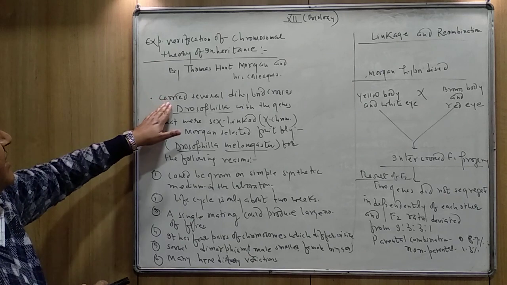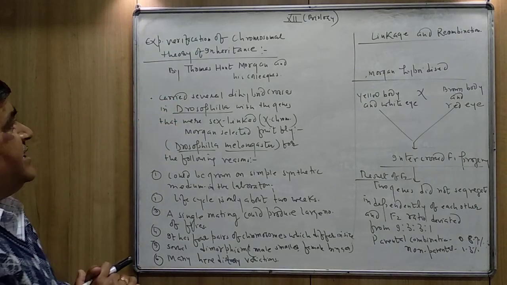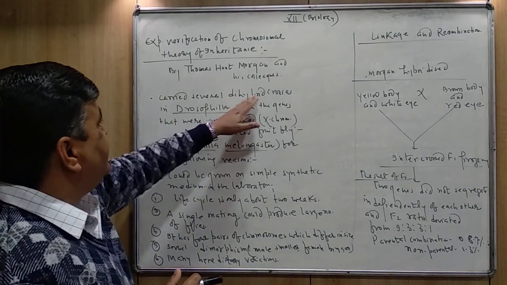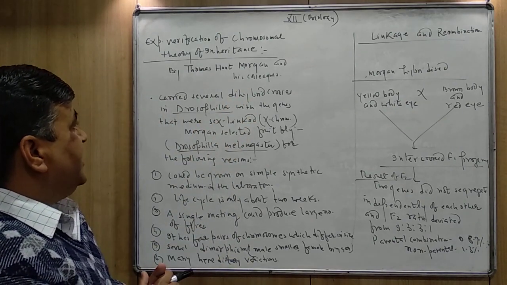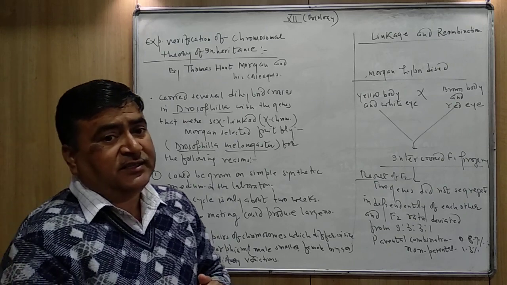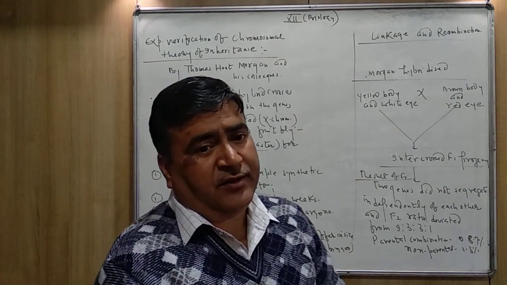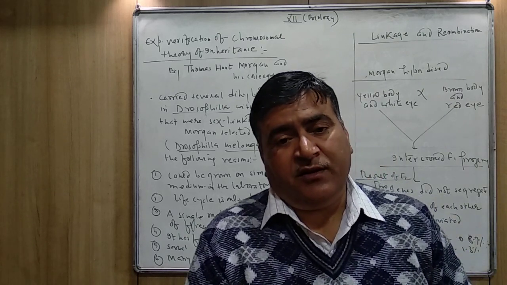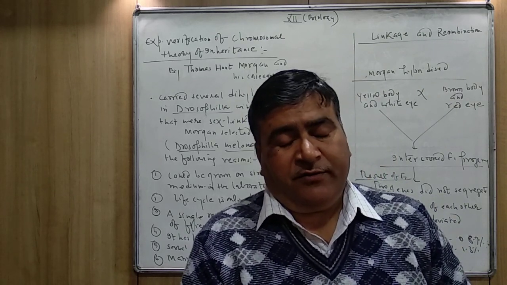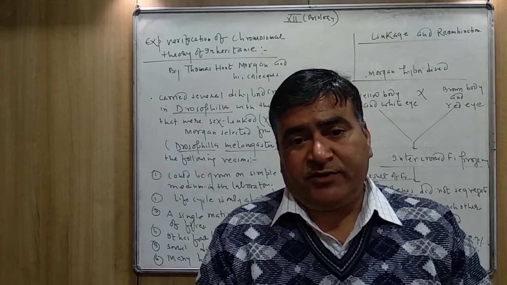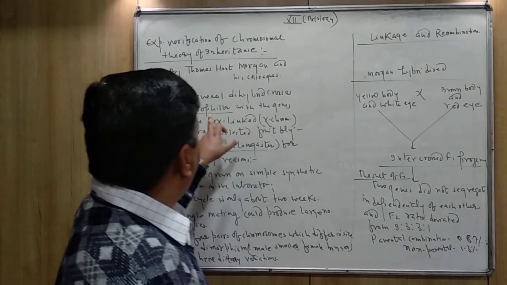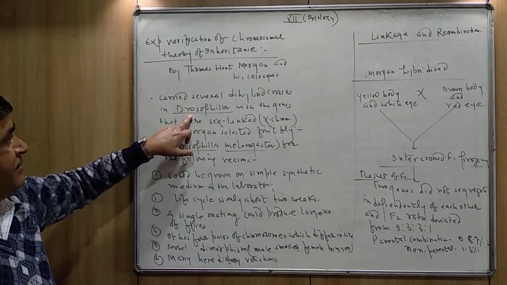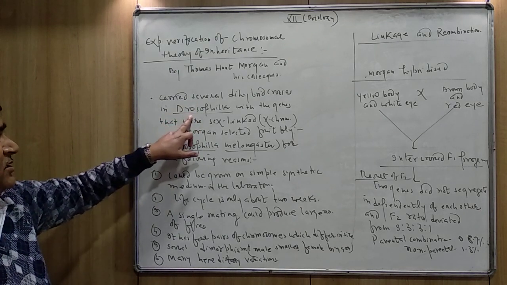T.H. Morgan carried out several dihybrid crosses in Drosophila. Drosophila is the scientific name of the fruit fly, Drosophila melanogaster. So he selected Drosophila as the experimental organism.